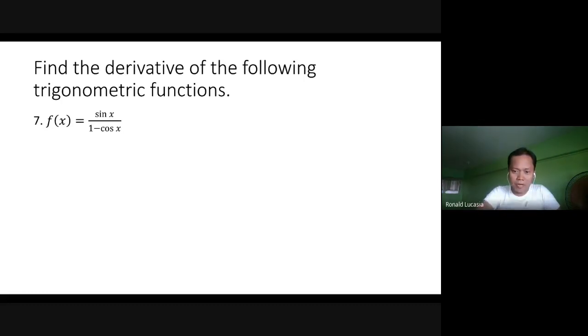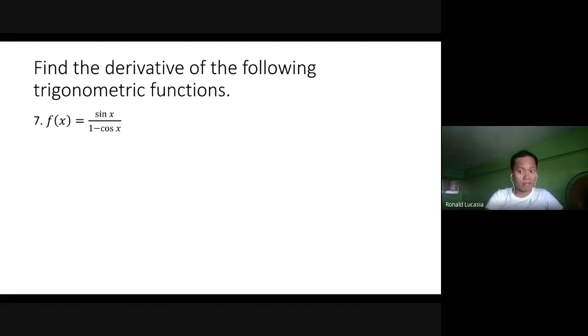From Bon: cosine x minus cosine squared x minus sine squared x. May pwede pang masimplify diyan, kasi may cosine squared x ka, may sine squared x ka.